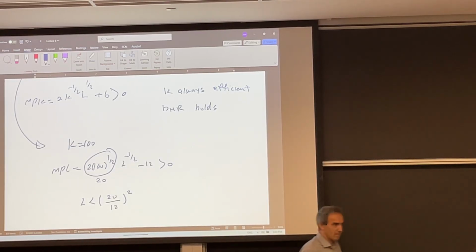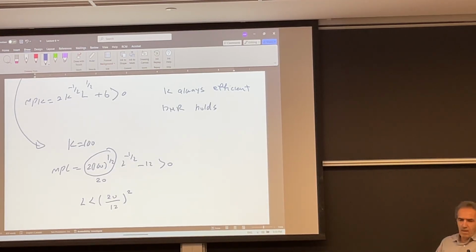Make sense? So if you end up with a production that is not always efficient, you have to identify the inefficient side and cross it out. You can say, if you use 100 capital, you cannot use more than that in labor, because after that labor will produce a negative number. Alright? Make sense? That's what I did. I just put this inequality and solved for L. That tells me the maximum labor I can use.